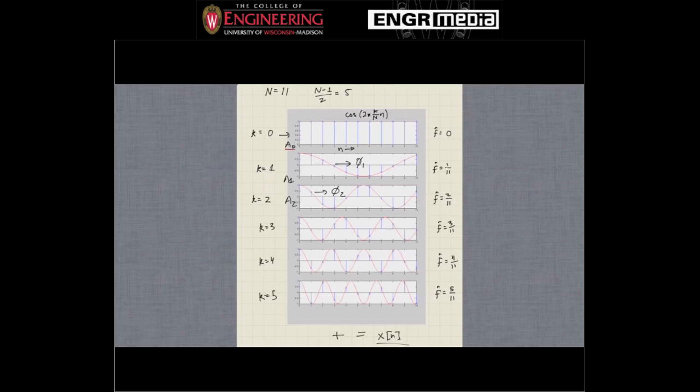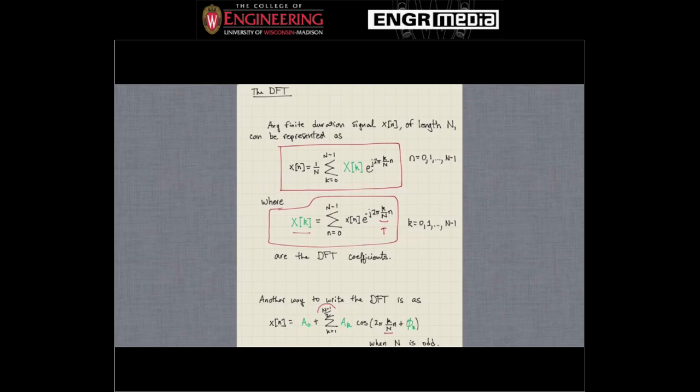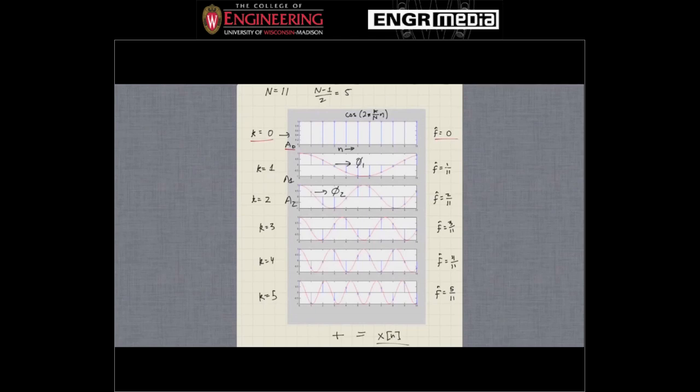The first of these discrete time sinusoids is at a digital frequency of 0, so that's k equals 0. The second one is at a digital frequency of 1 over capital N, where here N is 11, and that comes from down here, where these digital frequencies are k over N. As k increases, the digital frequency increases.